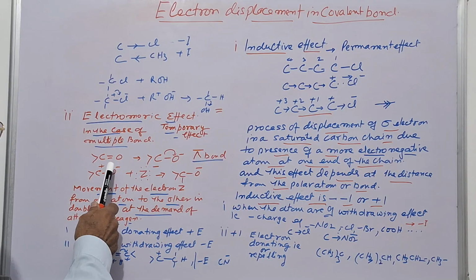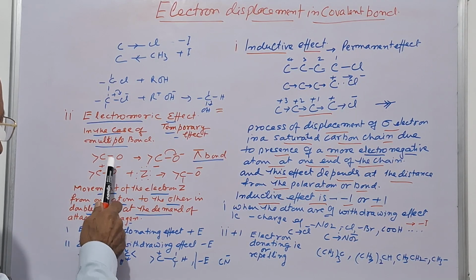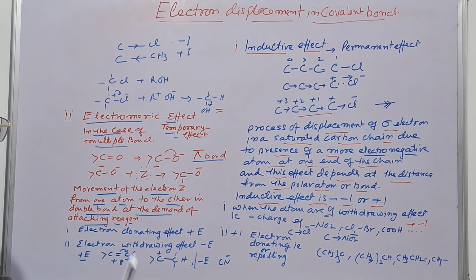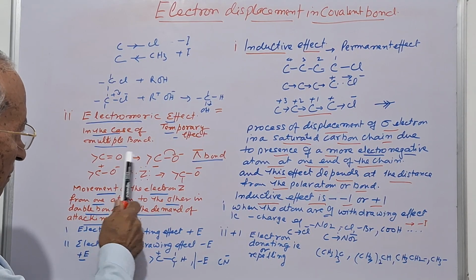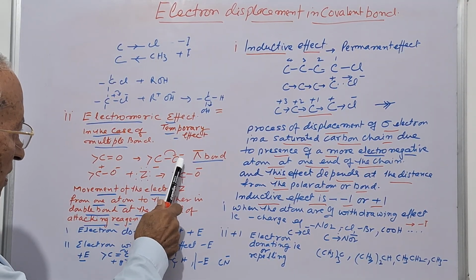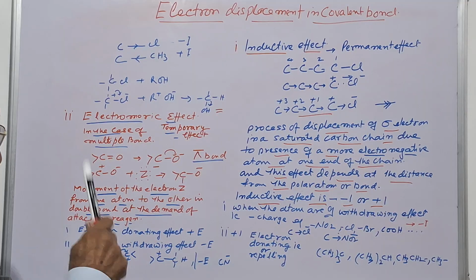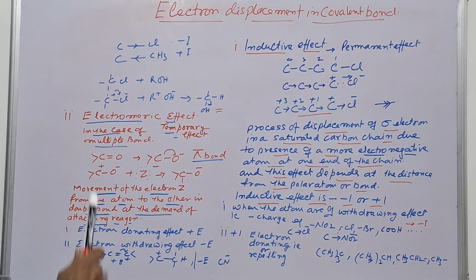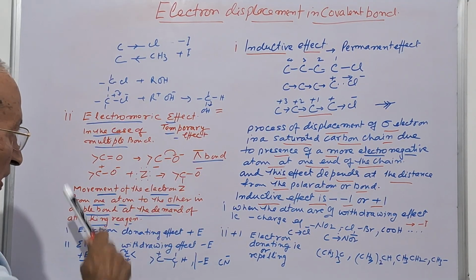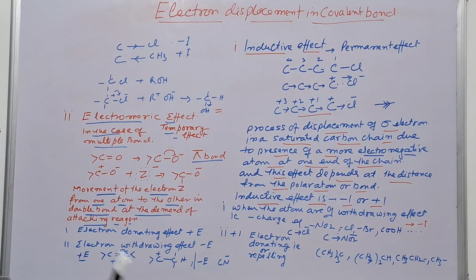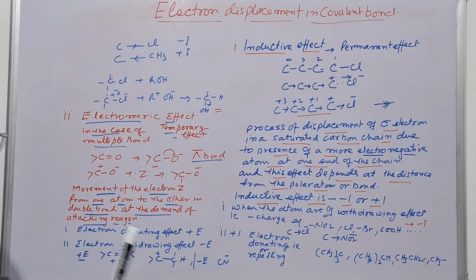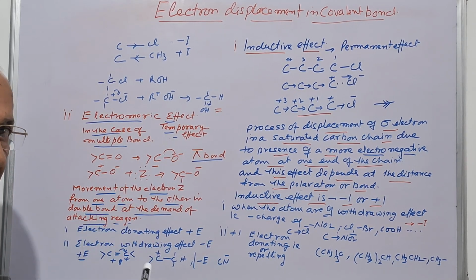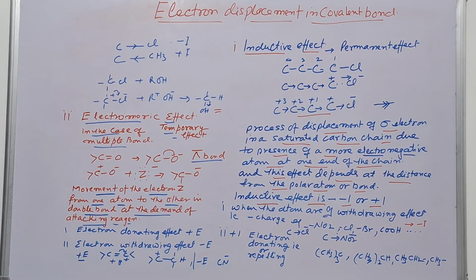We take the example of carbonyl, that is ketone. Here oxygen is more electronegative, so the pi bond shifts toward the oxygen. This electromeric effect, which is temporary, occurs whenever there is an attacking reagent, and as soon as the attacking reagent is removed, it regains its electronic configuration.